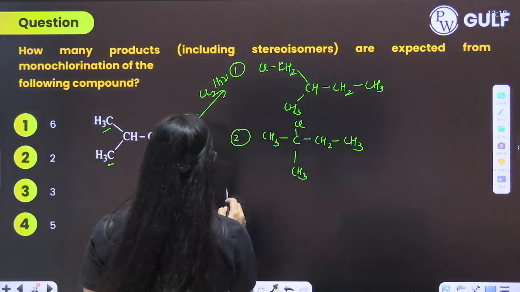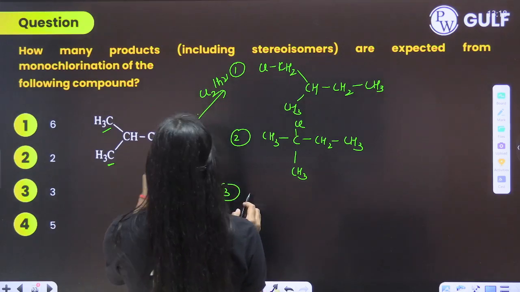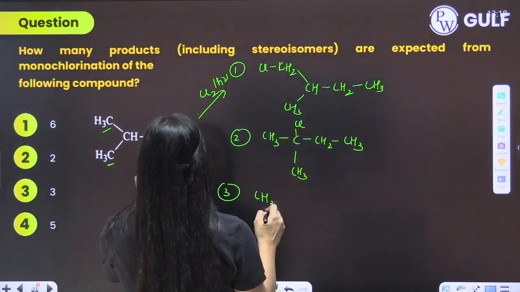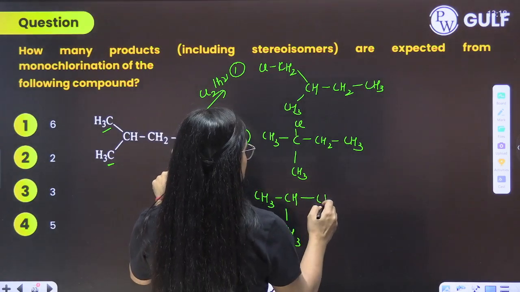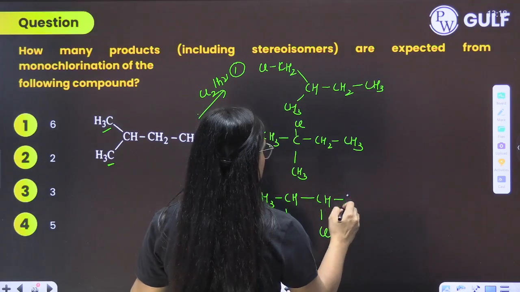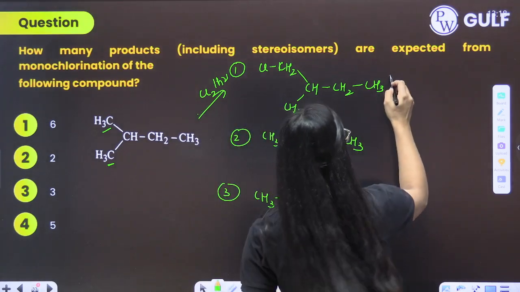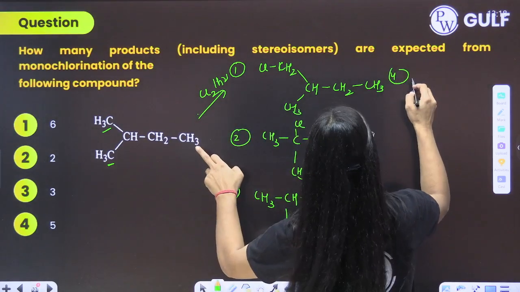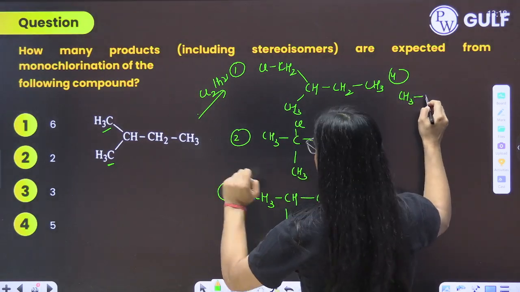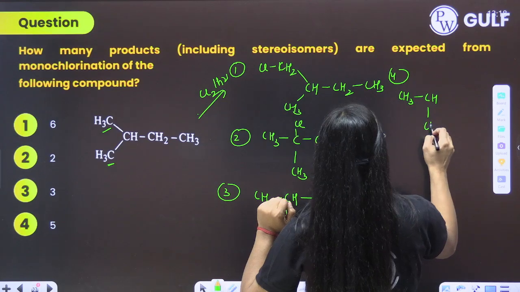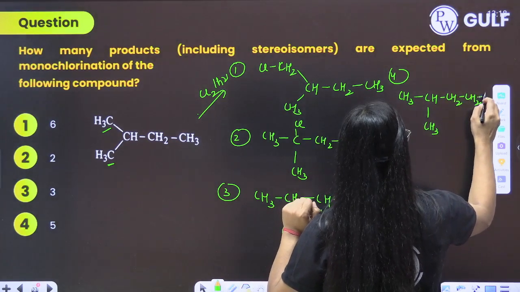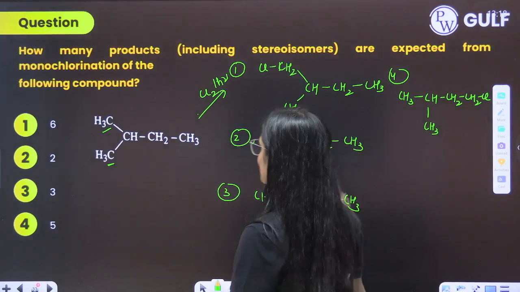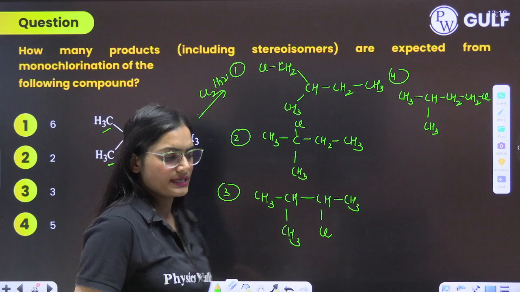After that, the third product you will get is CH3, CH, CH3 and CHCl, and this is your CH3. The fourth product that you will get would be this one when hydrogen is removed from here. So CH3, CH, CH3, CH2, CH2, Cl. These are the four monochlorination products that you are getting.